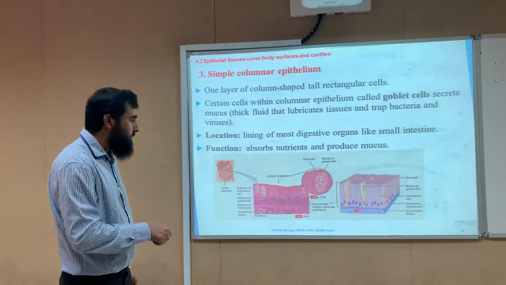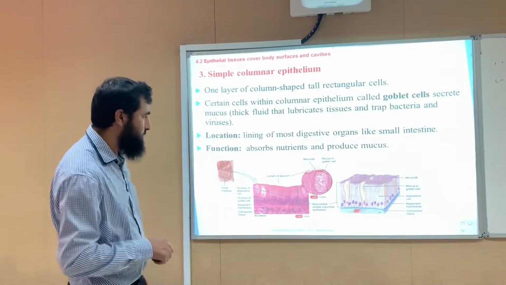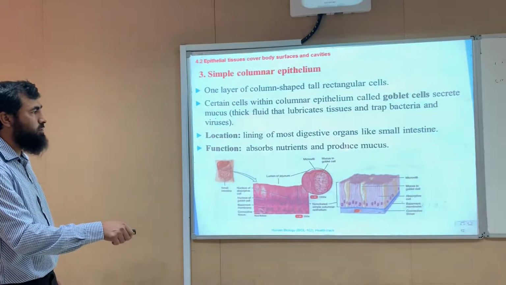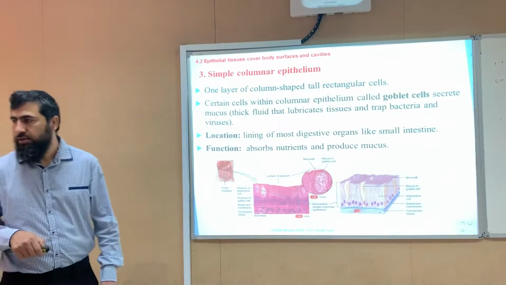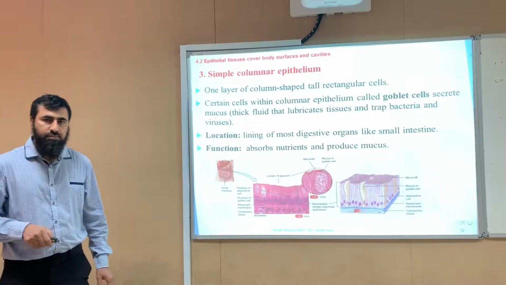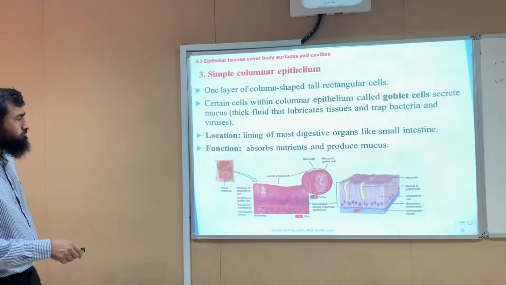And that brush border, as I mentioned, those microvilli, are very important in these types of tissues. So their function is absorbing nutrients and producing mucus. One layer of columnar epithelia: simple columnar epithelium.